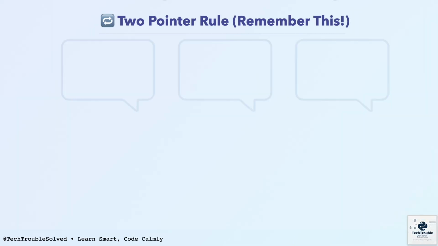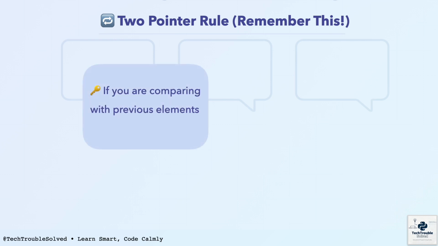Before we wrap up, let me leave you with one very important rule. This rule will help you decide how to use two pointers in many problems. If your problem involves comparing with previous elements, then pointer j usually starts from index 1.